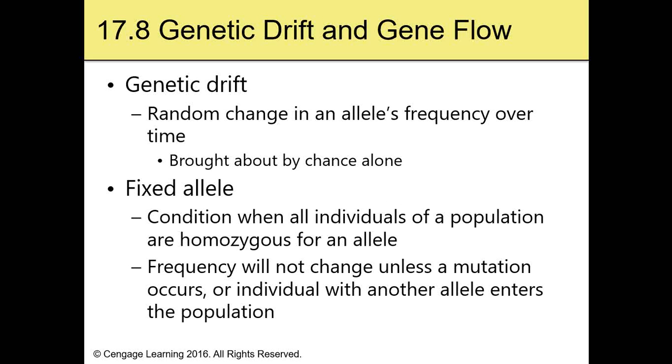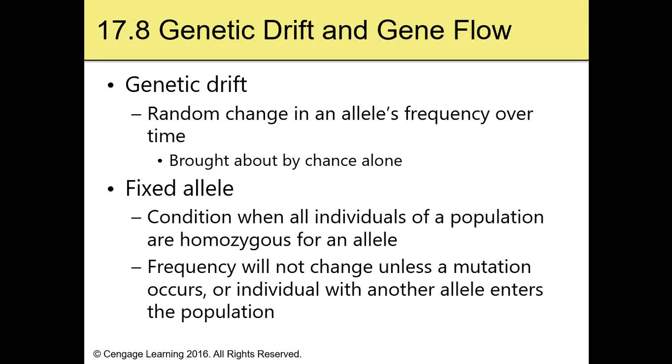Genetic drift, this is when you've got a random change in an allele frequency over time. Generally, this is brought about because of an ecological disaster. So let's say that you've got a population of frogs, and half of them are green, half of them are brown. And then you have a volcano erupt and it takes out 90% of the population, and it just so happened that it took out 90% of the green ones and only 10% of the brown ones.